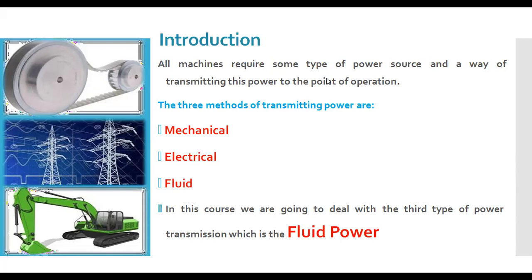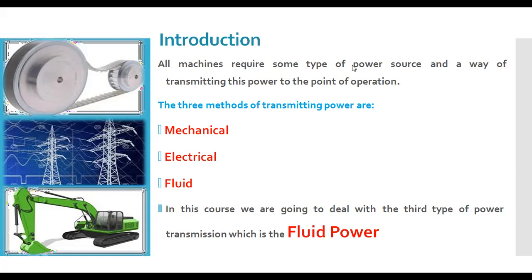So lighter components can be used, but the system will work in a faster manner. But with the hydraulic system, we can get precise control of speed, which we cannot get in the pneumatic system, because it works very fast. So that is the reason we have this particular power transmission.